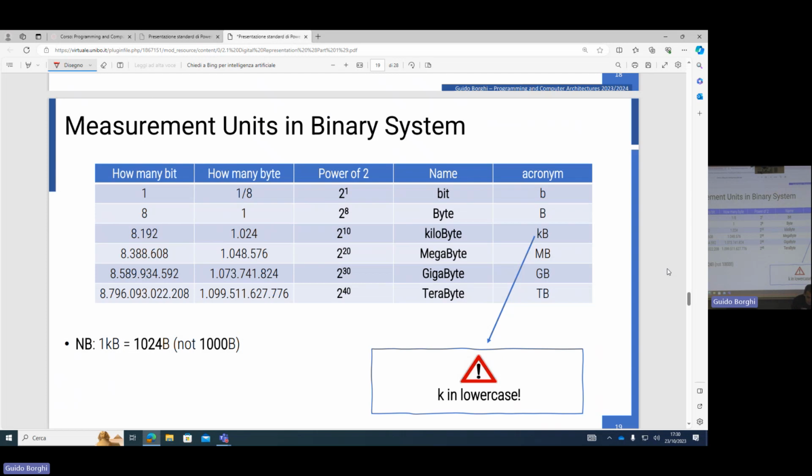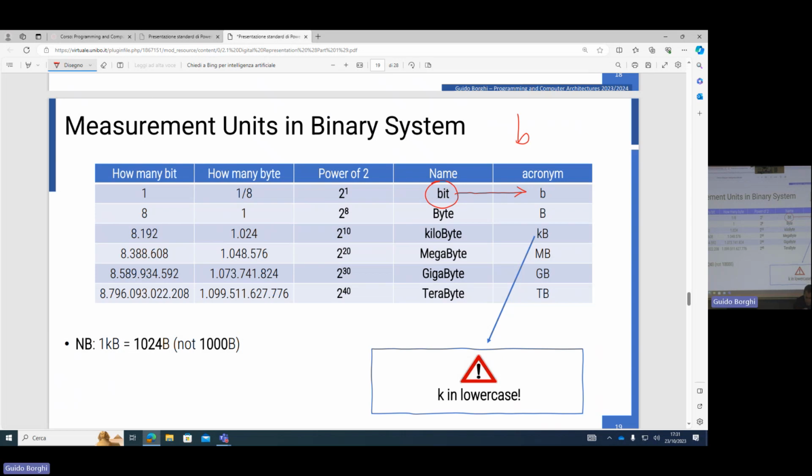Okay, so here you can see bit is expressed with the lowercase letter b. If I use the lowercase letter b, I mean bit. Okay, and so how many bits do we have? 1. How many bytes? Less than 1, so 1/8. Okay, since you know that in a byte we have 8 different bits.